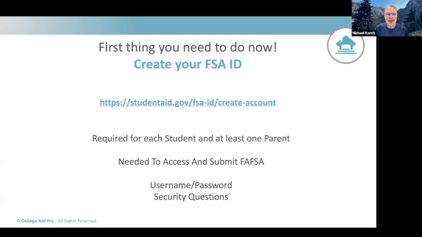So you've got to create the account. There's a link there. You can also find it if you just go to the FAFSA homepage. You can find the create account link. It can be a small form. You're going to set up your account. Make sure you type in your first name and last name to match what you have for your social security card or your account, because it checks with the IRS real quickly.